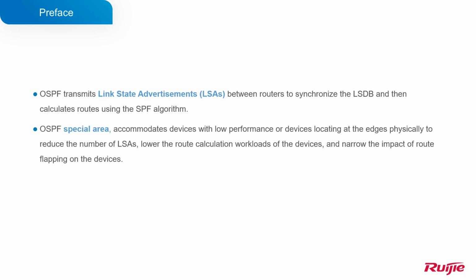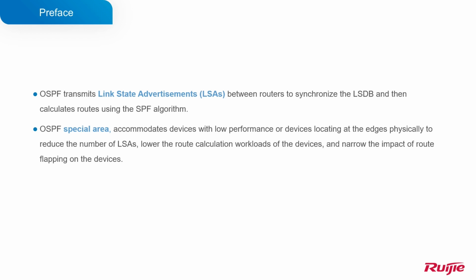After the neighbor relationship, we send the link state advertisements, and then the router adds the LSA information into the LSDB. From the LSDB, we use the SPF algorithm to calculate the route information, and then add it into the routing table. So we have three tables, and during this process, we use the SPF algorithm and transmit the LSA information.